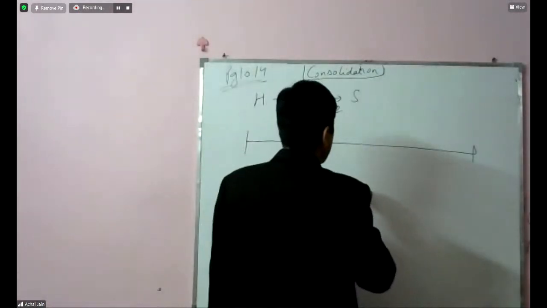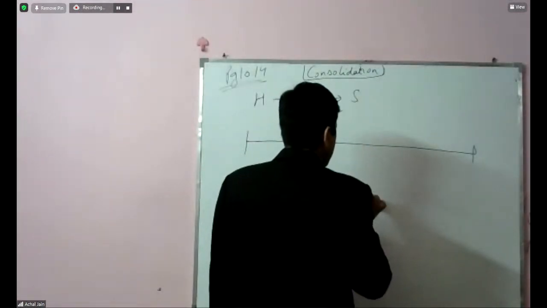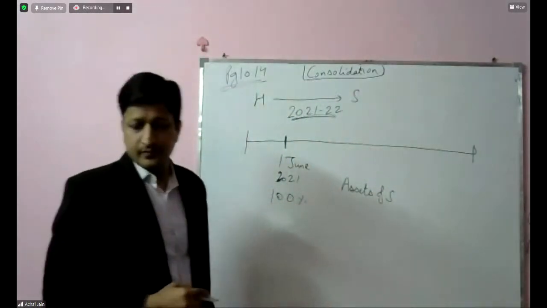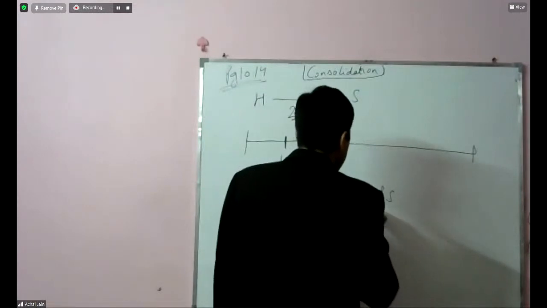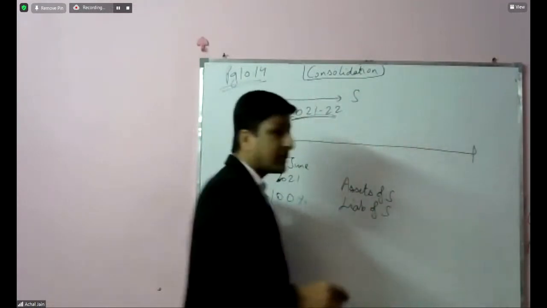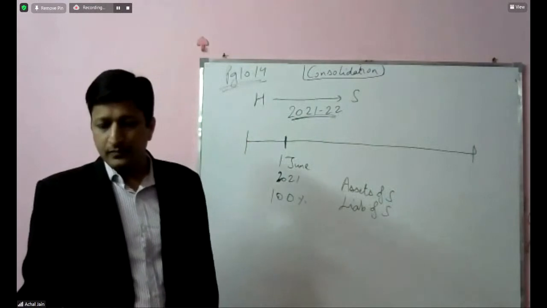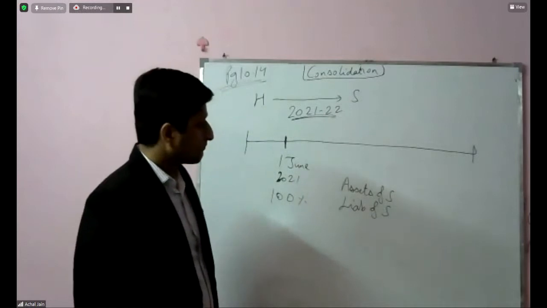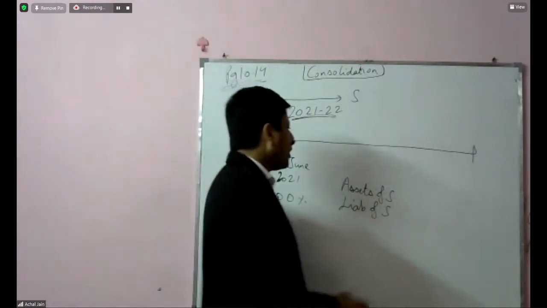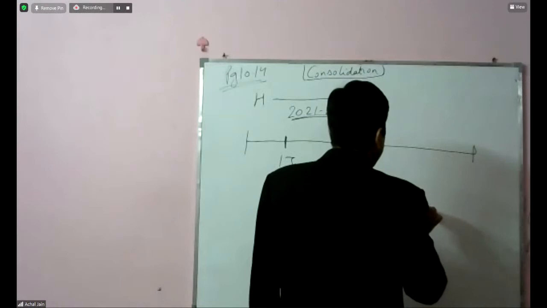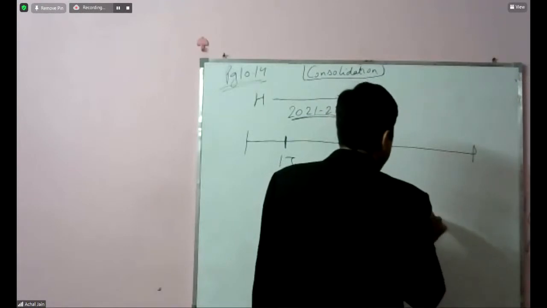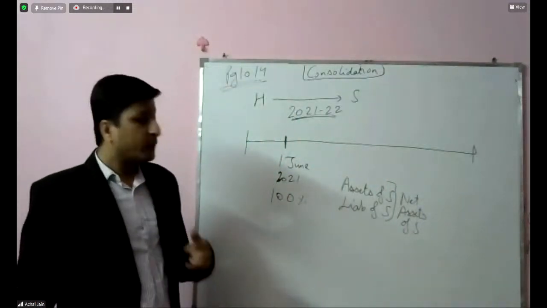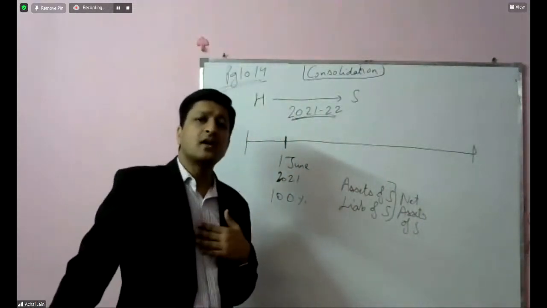Assets of S will come to H. Liabilities of S will come to H. Or in other words, you can say net assets of S will come to H. H is the holding company.